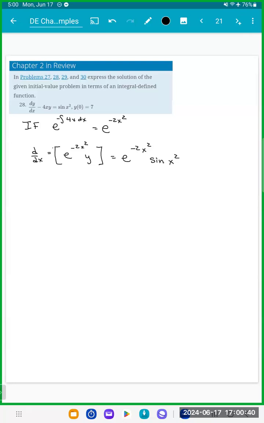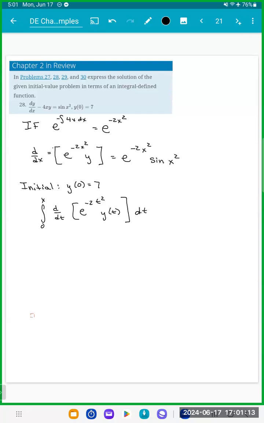Okay, and we're given an initial condition. Our initial condition is y of 0 is equal to 7. So if we integrate from 0 to x, d/dt of e to the negative 2t squared y of t dt.